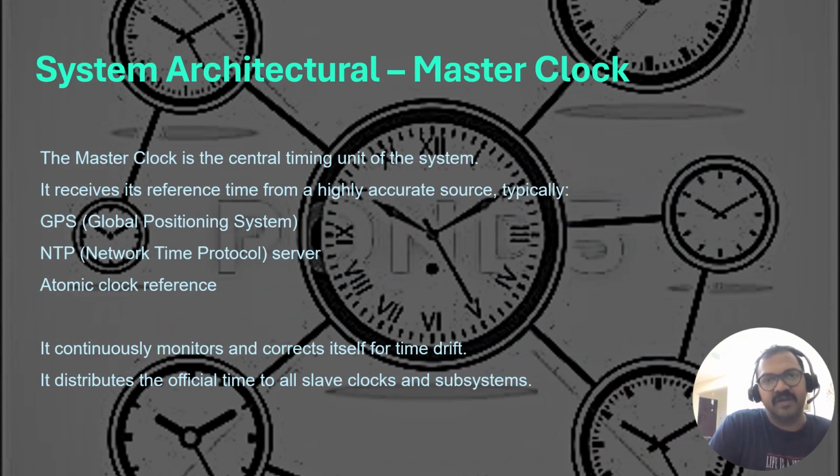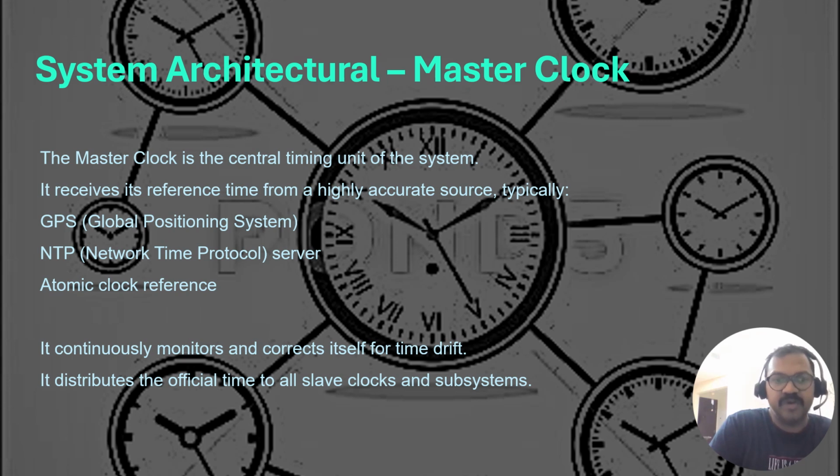Now the system architecture. The master clock is the central timing unit of the system. It receives its reference from a highly accurate source, typically antennas, that is GPS, the Global Positioning System. Then the protocol comes to the server, that is the NTP, Network Time Protocol, server, with atomic clock references.